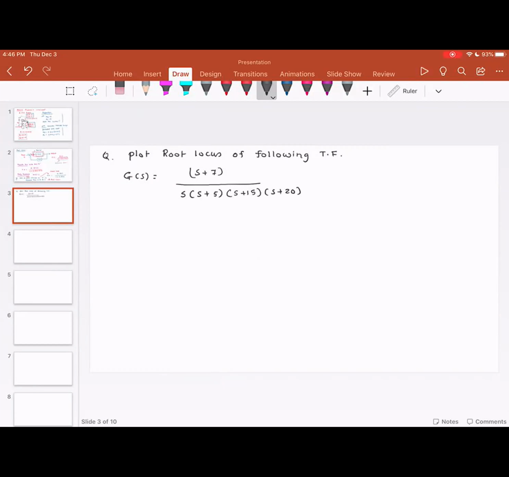Now the question is, what do we do once the root locus is found?